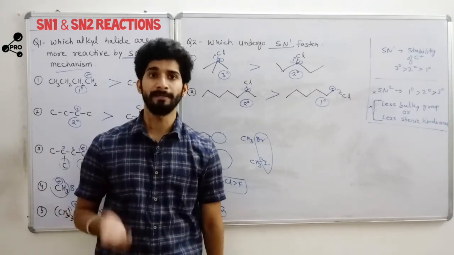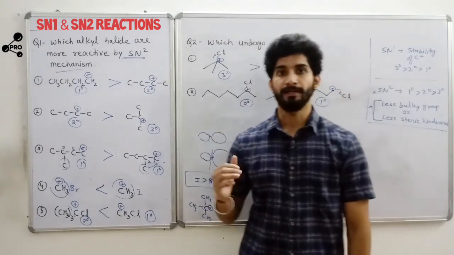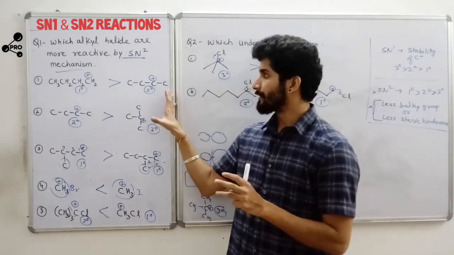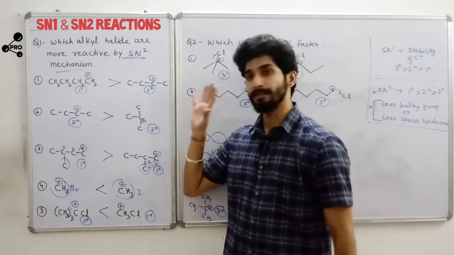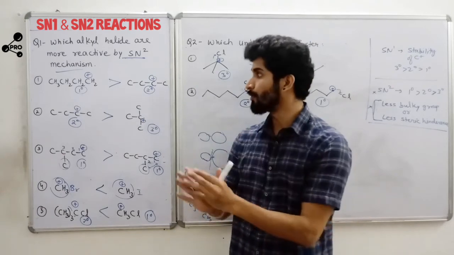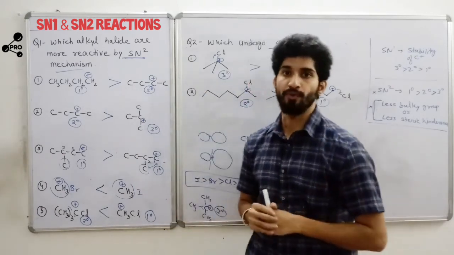We will talk about the stereochemistry of SN1 and SN2 reactions in other classes. For today's class this is sufficient. You just need to know which is more reactive toward SN1 and which is more reactive toward SN2 reactions.